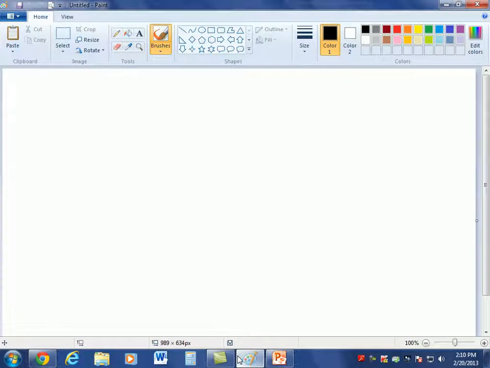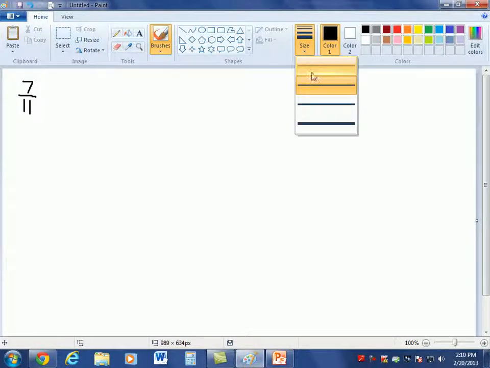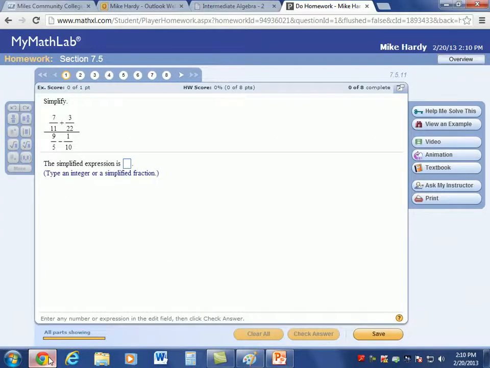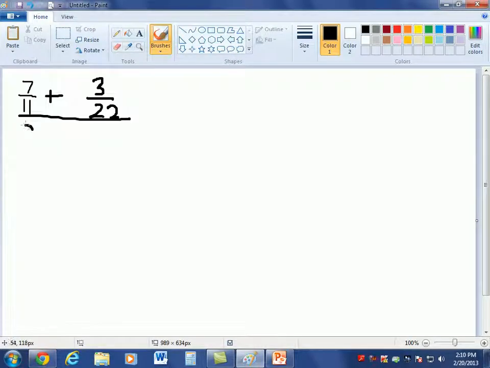So let's go through and rewrite this problem. We got 7/11, and I want to make sure the brush size is nice and big, plus 3/22, whole thing over 9/5 minus 1/10.